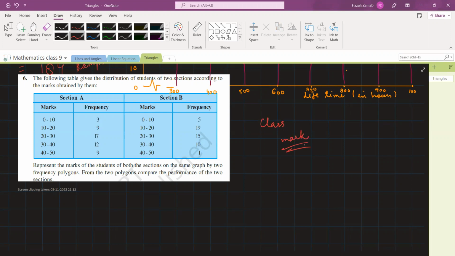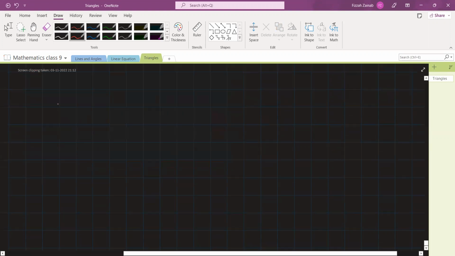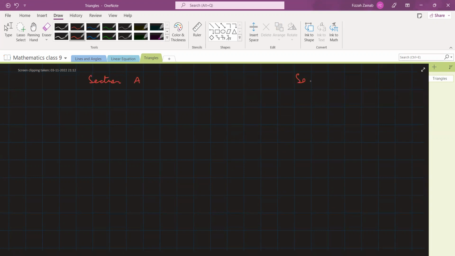First of all, we will make a column of class mark. Again, make your table like this. You can make separate tables also, or in one table itself. Let's say this is your section A and this is your section B. If you don't have space, you can draw it separately.